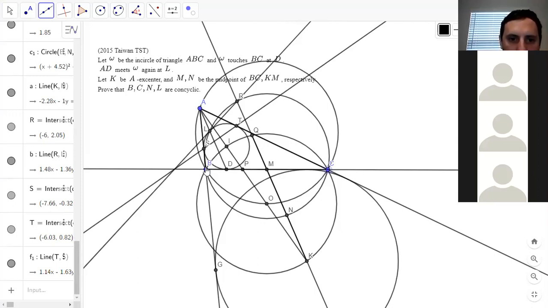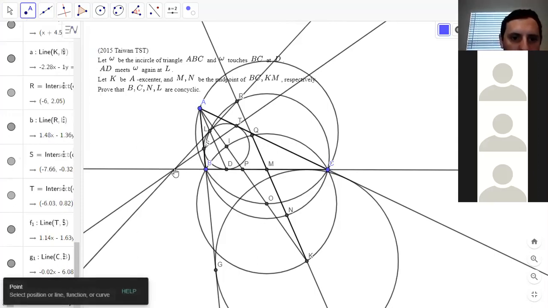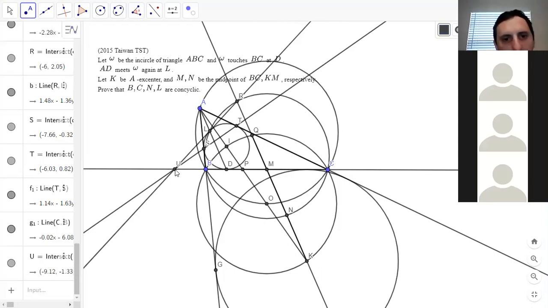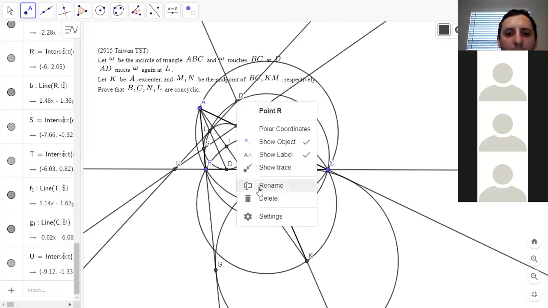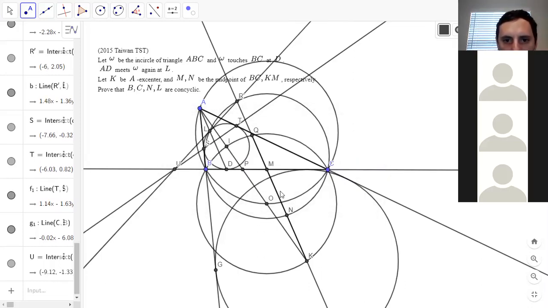So yeah, that's going to be concurrent with the tangent at L, but we don't know that it passes through R yet. Before that, I will let UL intersect BLC again at R prime. So we need to prove that R prime, M, K are collinear.